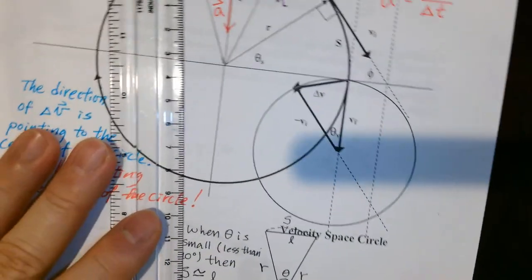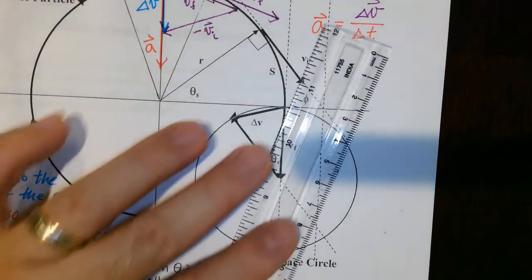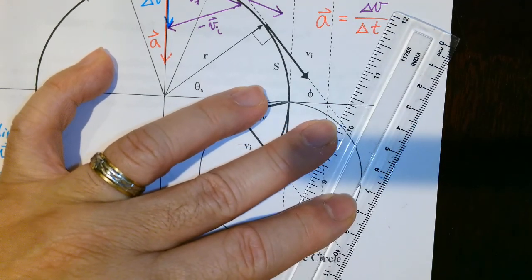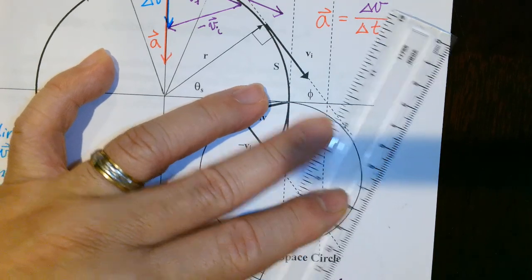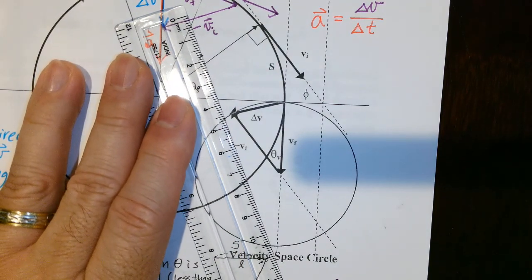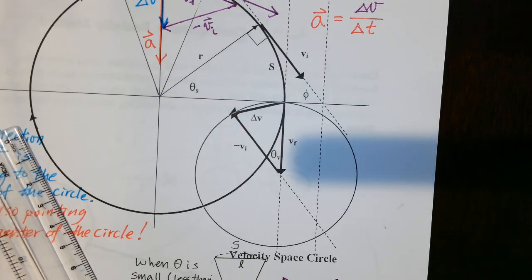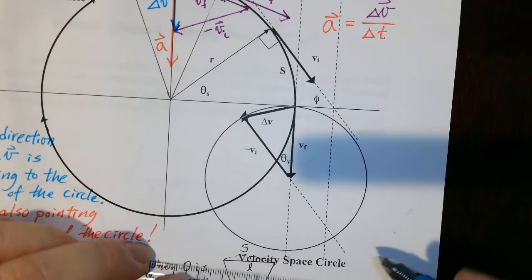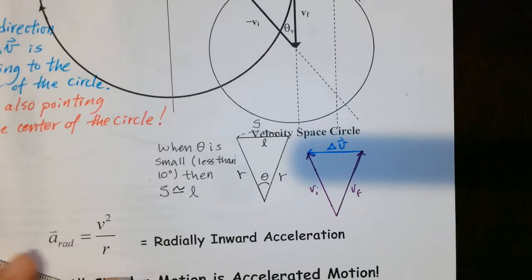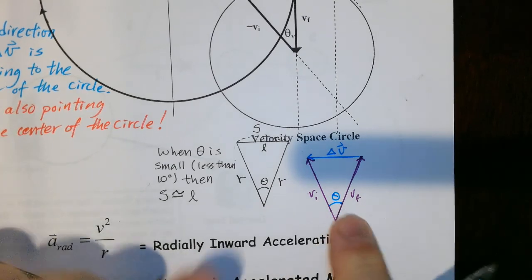Then, if I take a look at these V vectors, here's my V, I guess you could say my VF, and here's my VI, and here's my delta V. This angle here is the same theta.